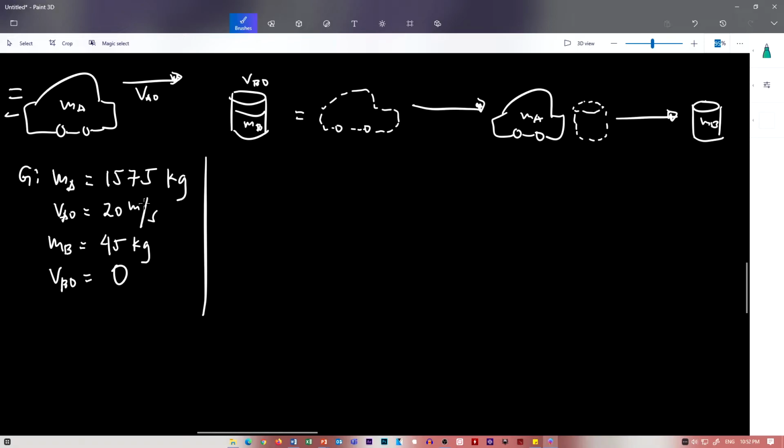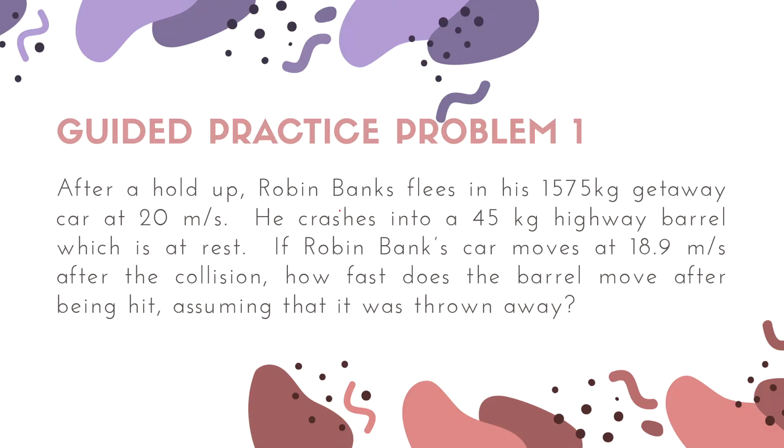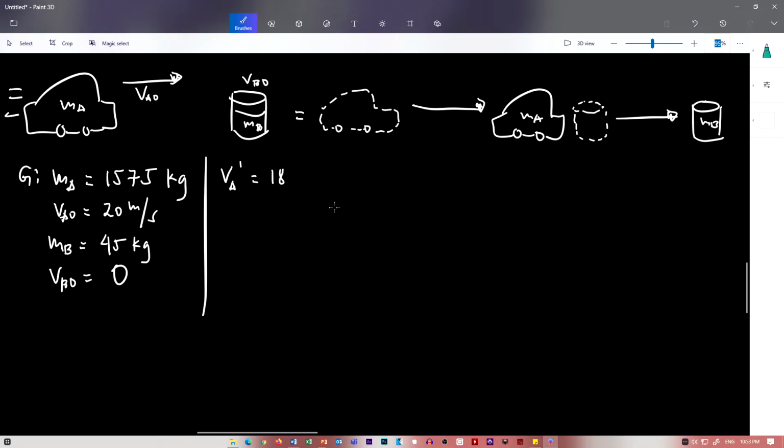So this will be our scenario before. After, of course, you're still going to have the same mass, but the velocity of the car will be changed to, what would be its velocity now? 18.9 meters per second. There. Now we are tasked to look for the velocity of the barrel, so that would be v sub b prime, right?